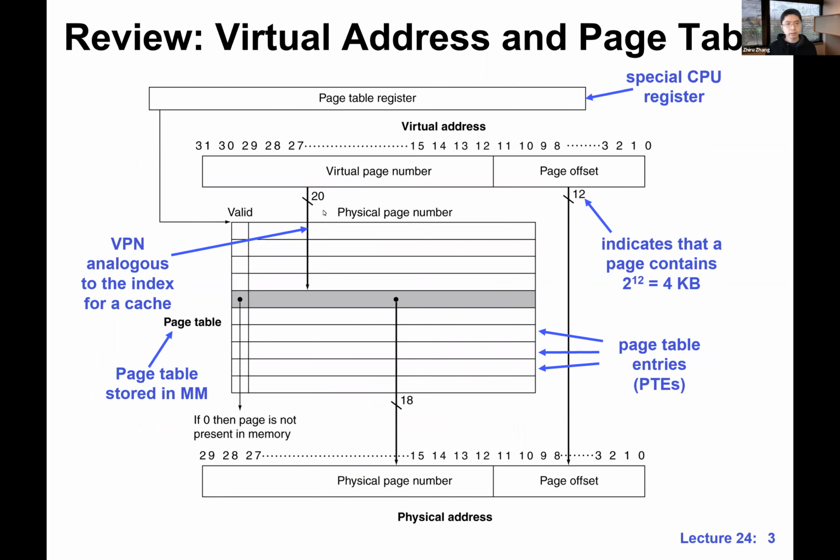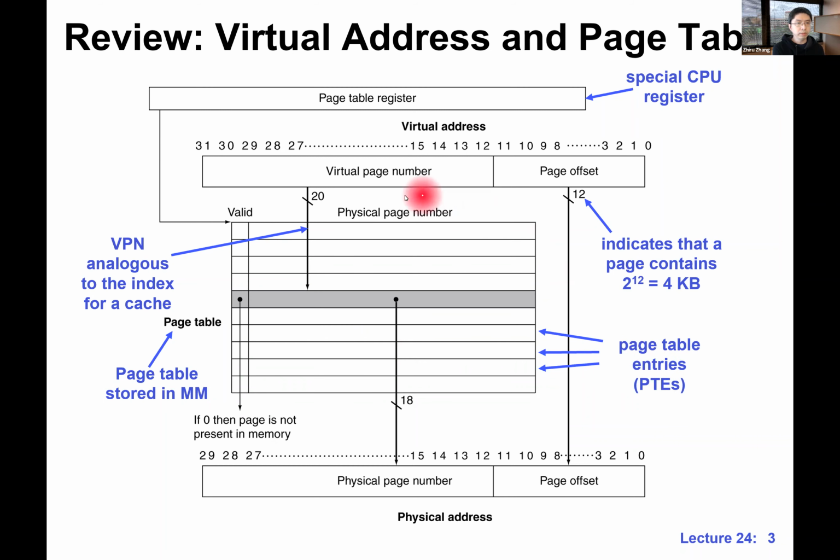Okay, so let's come back to the technical topics. Let's quickly review what we covered last time. We talked about virtual memory, right? Where all the addresses are virtual. The program sees virtual addresses. And the way that we translate the virtual address to physical address is by using the so-called page table. Inside the page table, we have page table entries, PTEs.